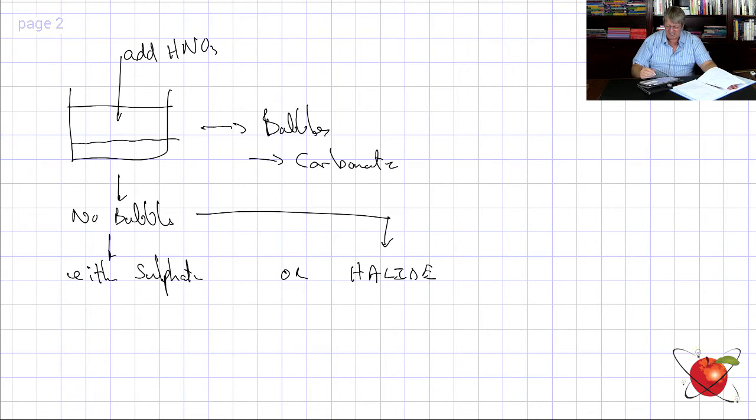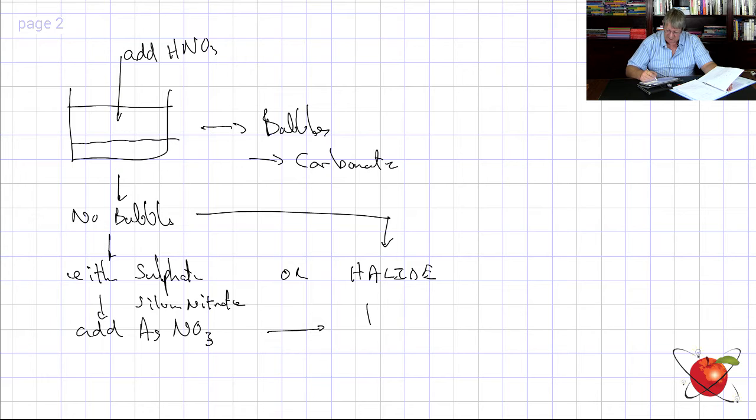Correct? The next thing is we add AgNO3, silver nitrate, to it, and if we then get a precipitate out of that, we know we've got a halide involved there.